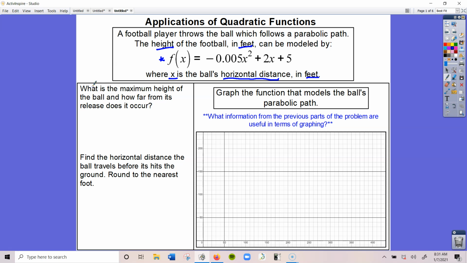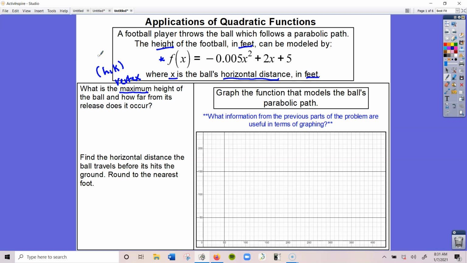Now it's asking, what is the maximum height of the football and how far from its release does it occur? Whenever it's asking for a maximum or a minimum, that means we are looking for the vertex. Keep in mind that your vertex is (h, k).